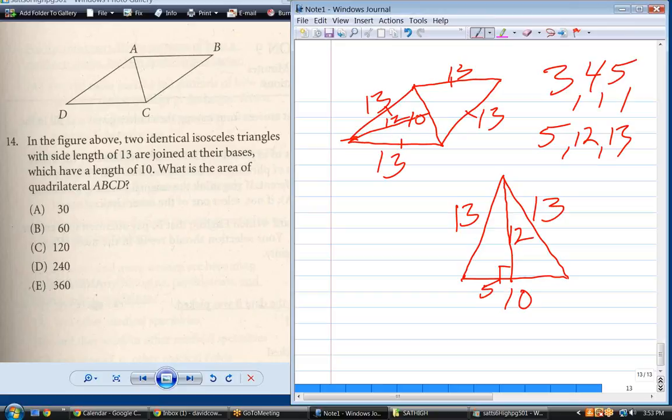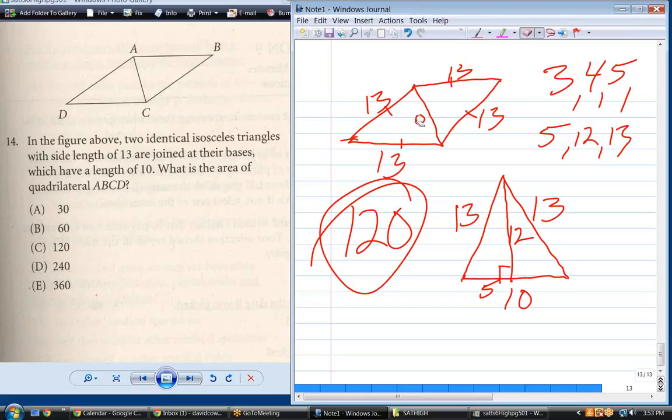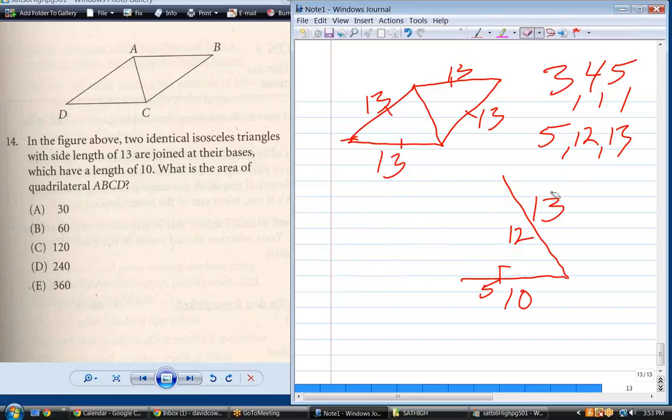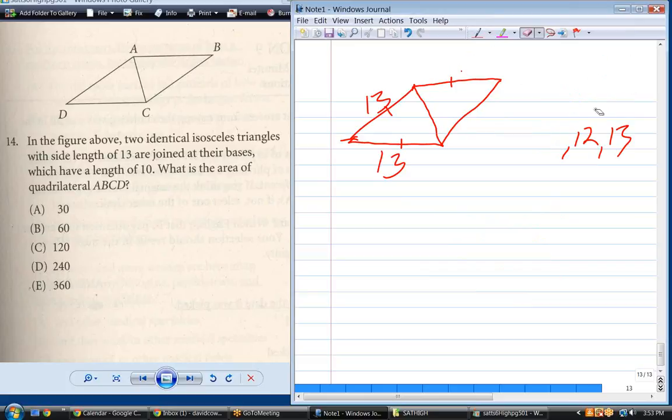Now I can figure out the area of that triangle, multiply it by 2. So it's 120 is the area of that thing. And I cannot think of any other way to get it than that. Because try dropping a vertical, even if that is a parallelogram, and it might indeed be, I'm not good with trying to figure out shapes like that, with whether I can draw these things and not have these two things be parallel.